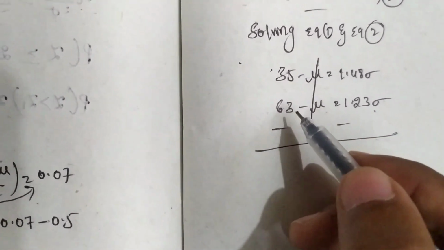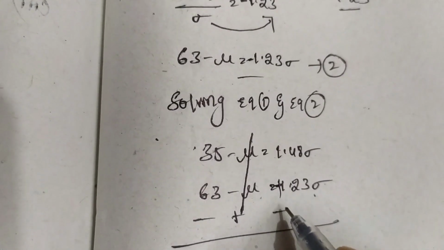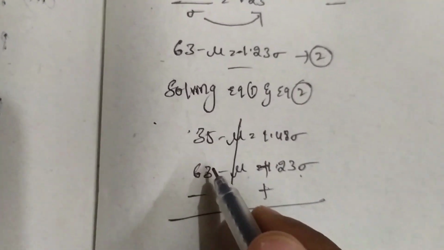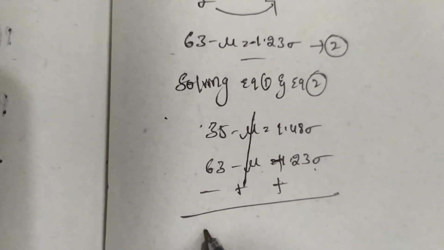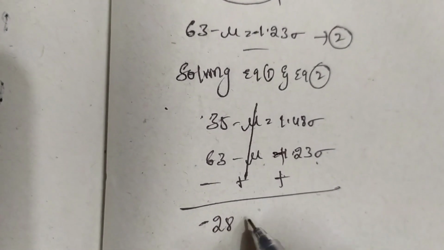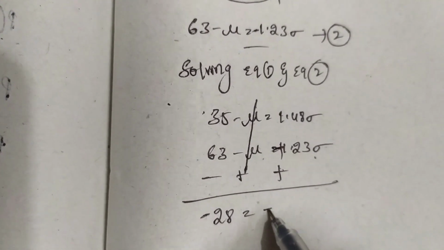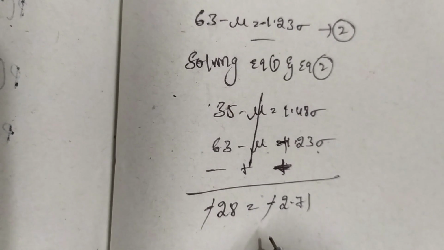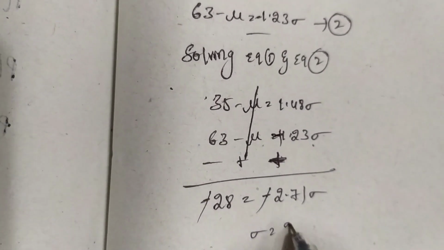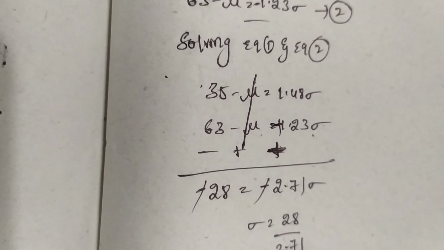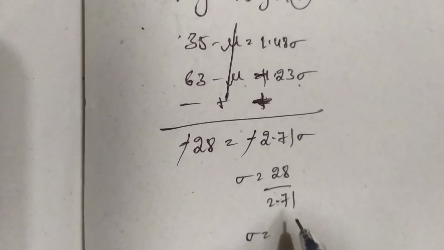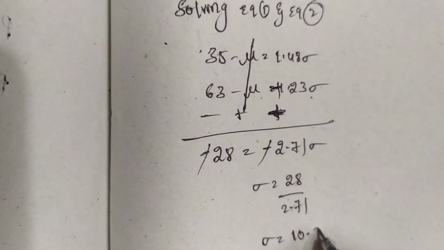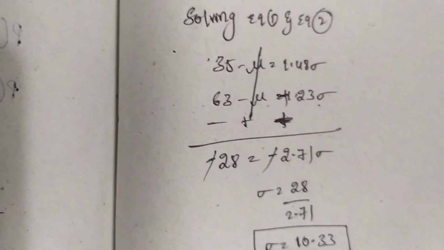By subtracting 35 minus 63, we get minus 28, and equals minus 2.71 sigma. Here minus cancels, so sigma equals 28 by 2.71. We get sigma equals 10.33. Here sigma means standard deviation.